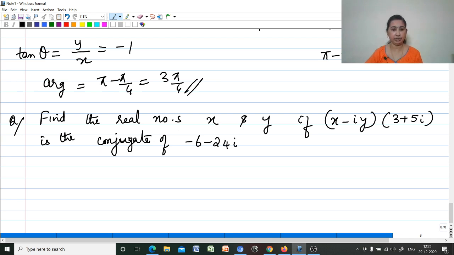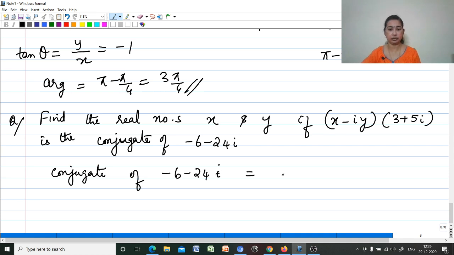So first we can find the conjugate of minus 6 minus 24i. The conjugate of minus 6 minus 24i is minus 6 plus 24i.